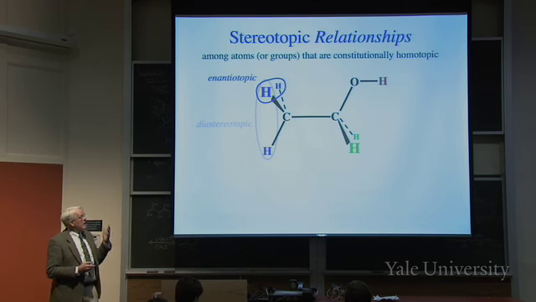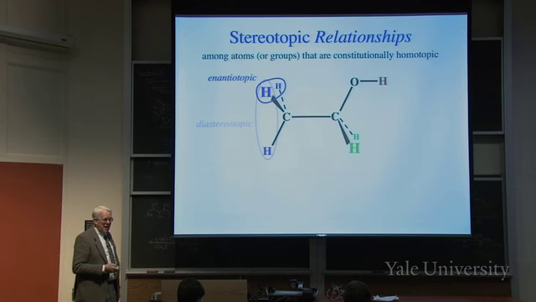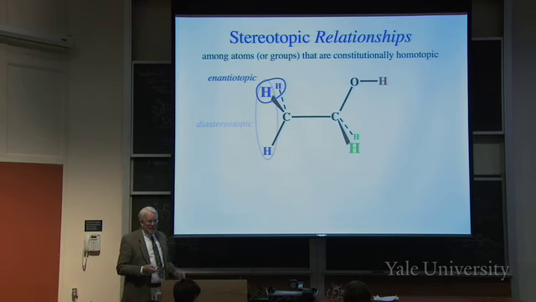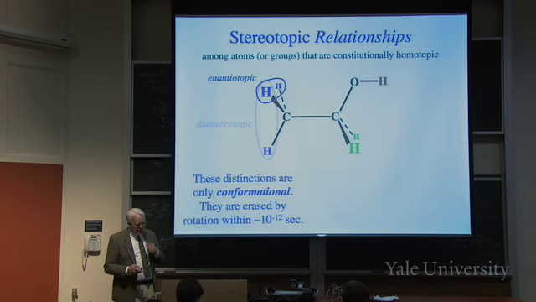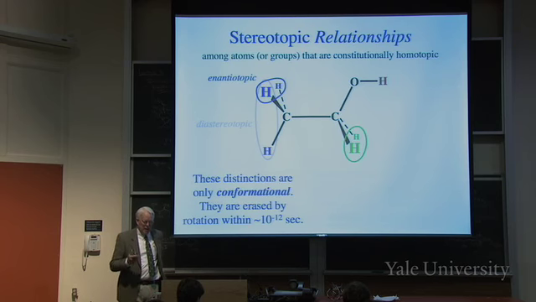In truth, they're conformationally diastereotopic, but you don't care about conformation in this case because they rotate so quickly. So they're not going to have experimentally distinguishable properties, probably, unless you can look pretty quick. These distinctions are only conformational and erased by rotation in 10 to the minus 12 seconds, I say here. Okay, yeah, that's more like it.